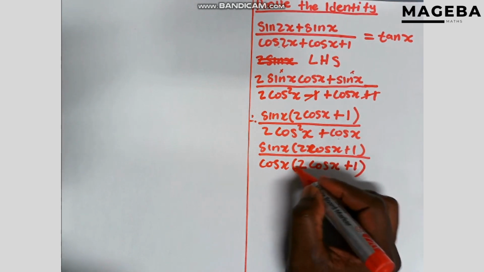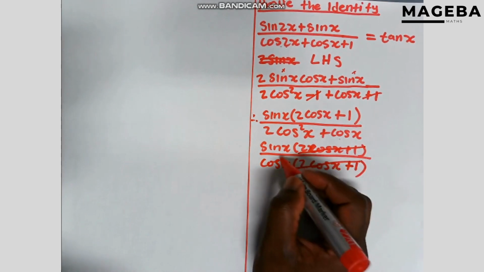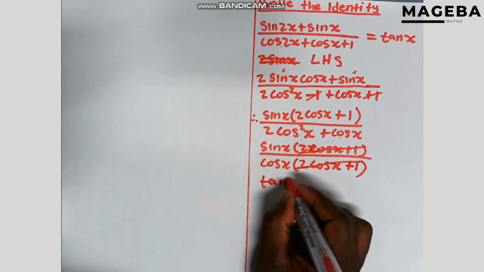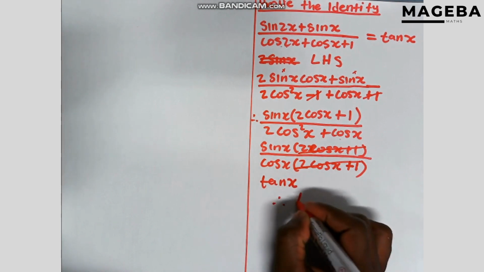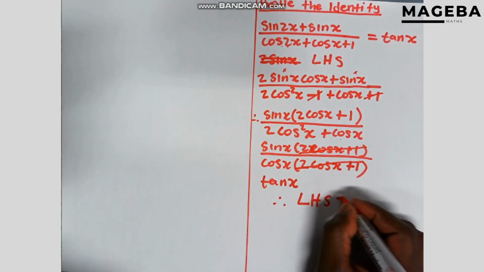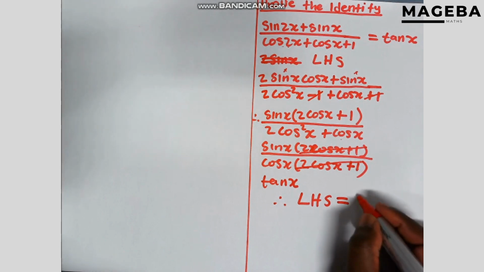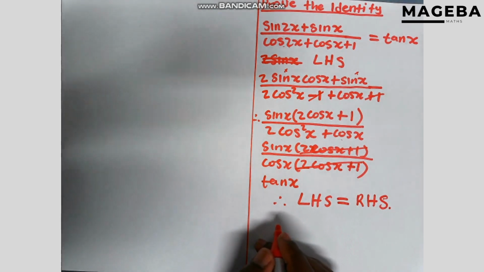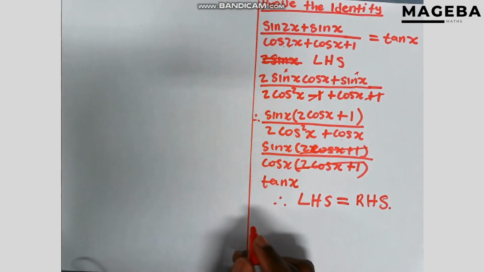Now this cancels this, and I'm left with sine x over cos x, which is just tan x. Therefore my left hand side is equal to my right hand side. Then we have proven our identity.